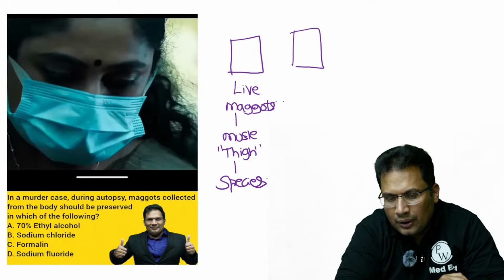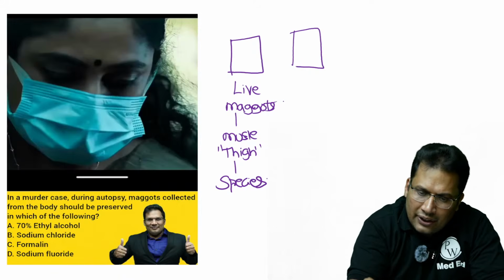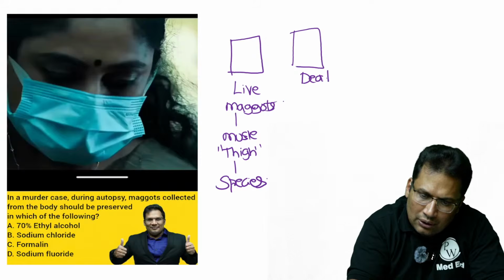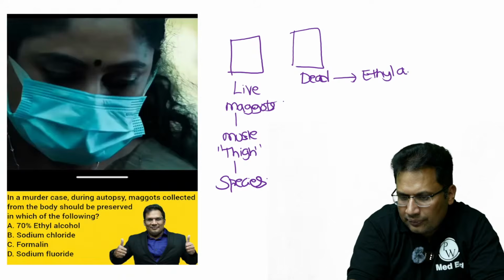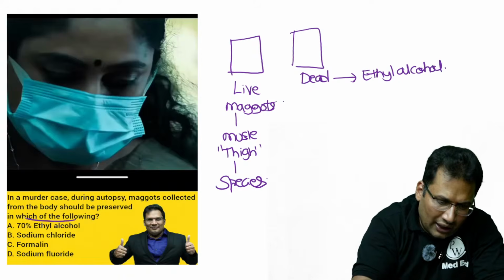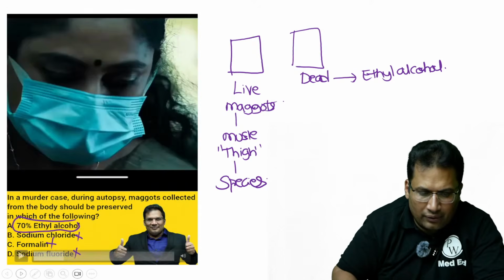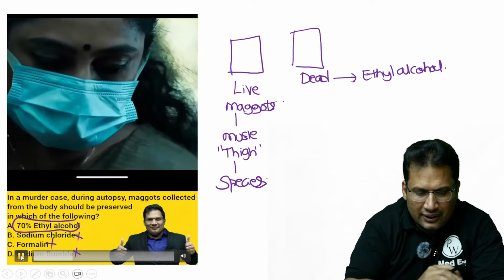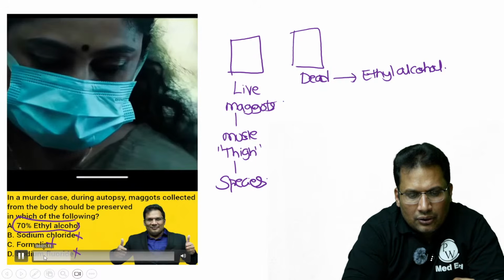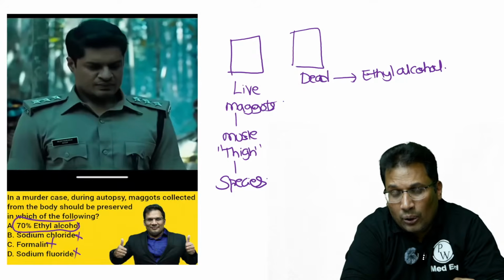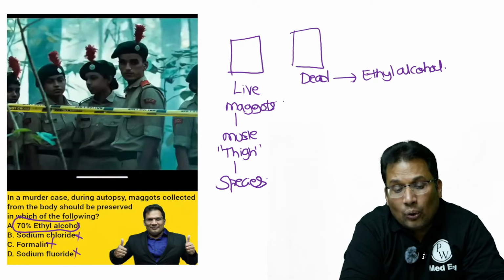Okay. And some dead maggots are preserved in ethyl alcohol. So the answer is ethyl alcohol, correct answer. It is not sodium chloride, not formalin, not sodium fluoride. You can see here the same video once again. So it is collected not in water, but in ethyl alcohol.